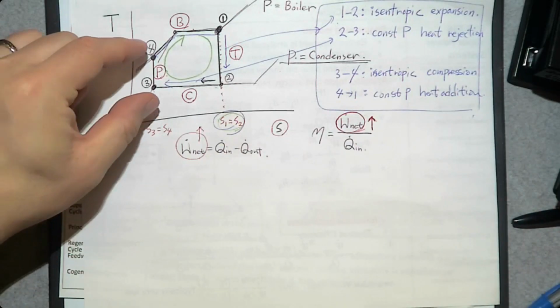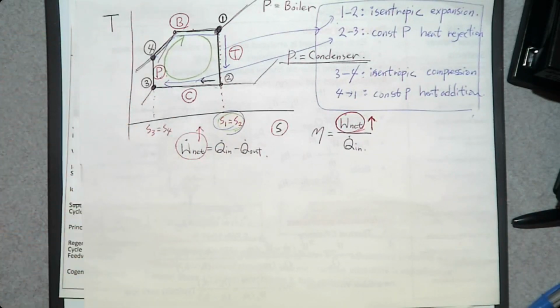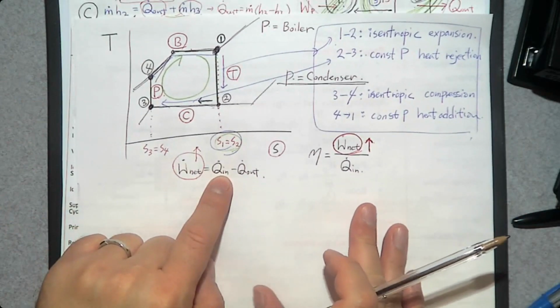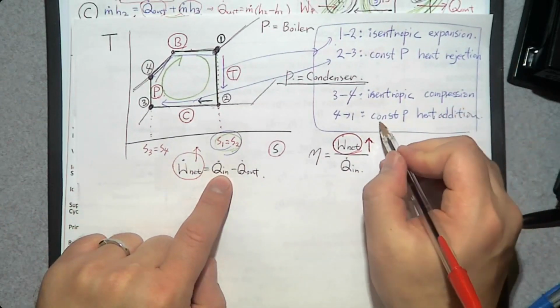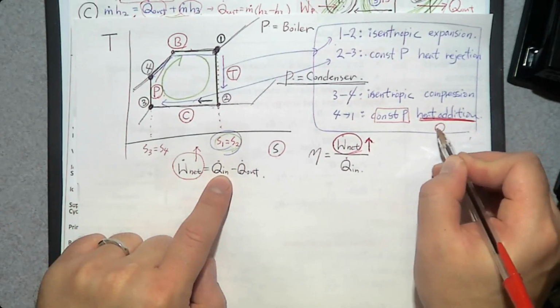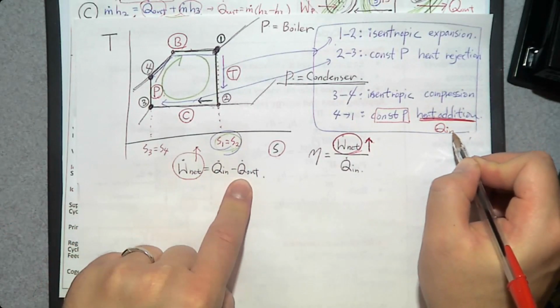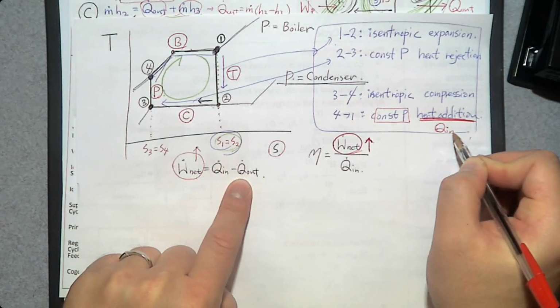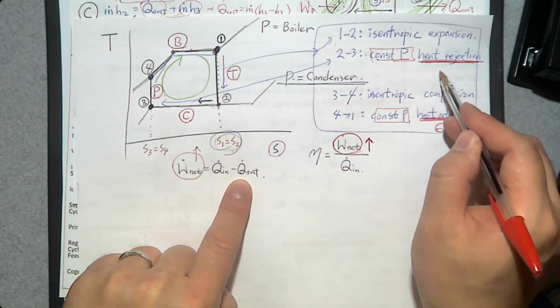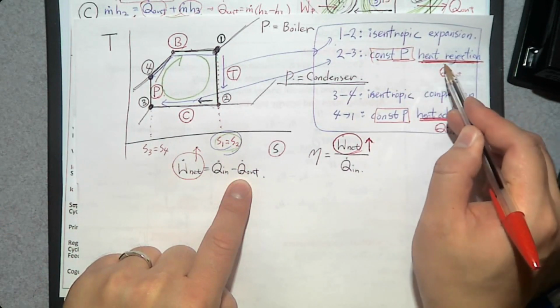So in this TS diagram, where is Q dot in? This Q dot in is constant pressure heat addition, so there is Q dot in. What about Q dot out? Constant pressure heat rejection, so there's a Q dot out.